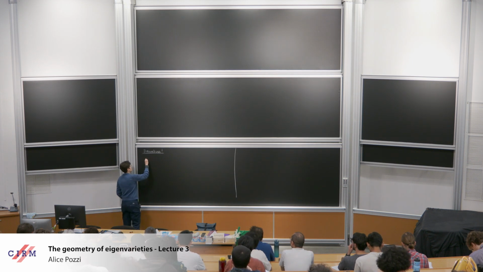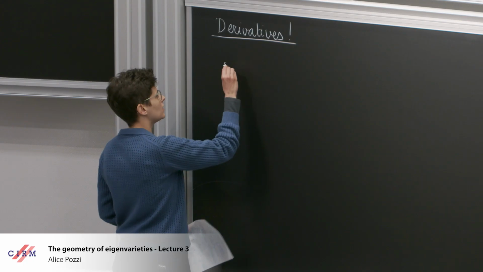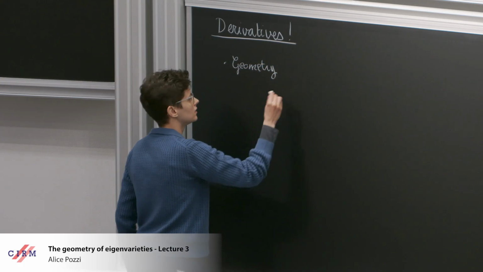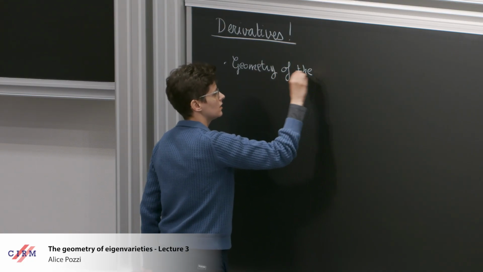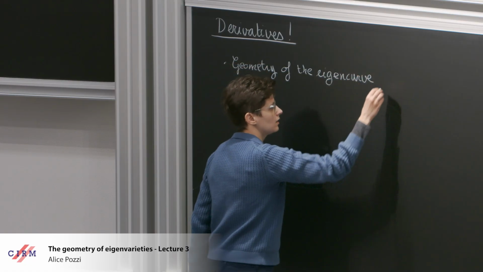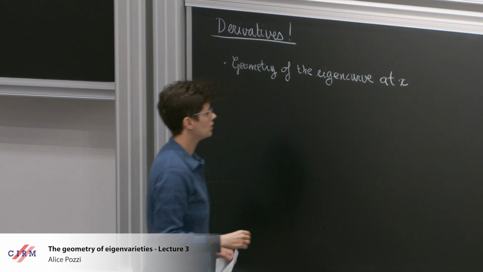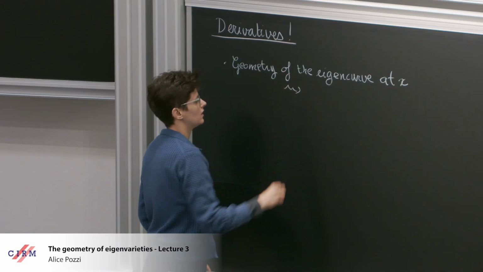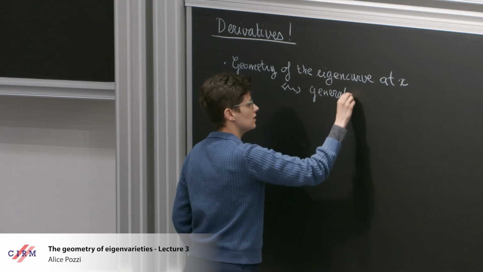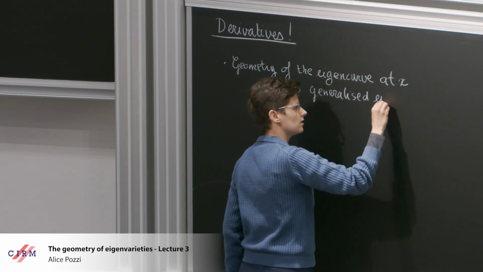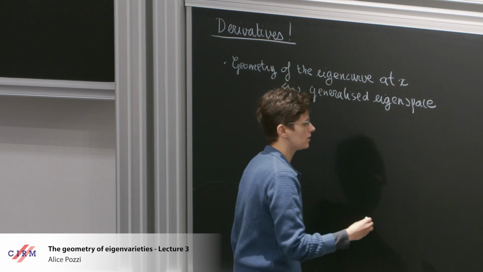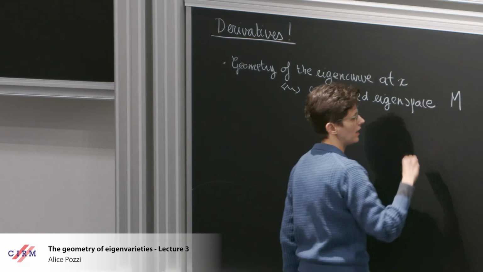Last time, we connected the geometry of the eigencurve around the point to the generalized eigenspace corresponding to the system of eigenvalues.